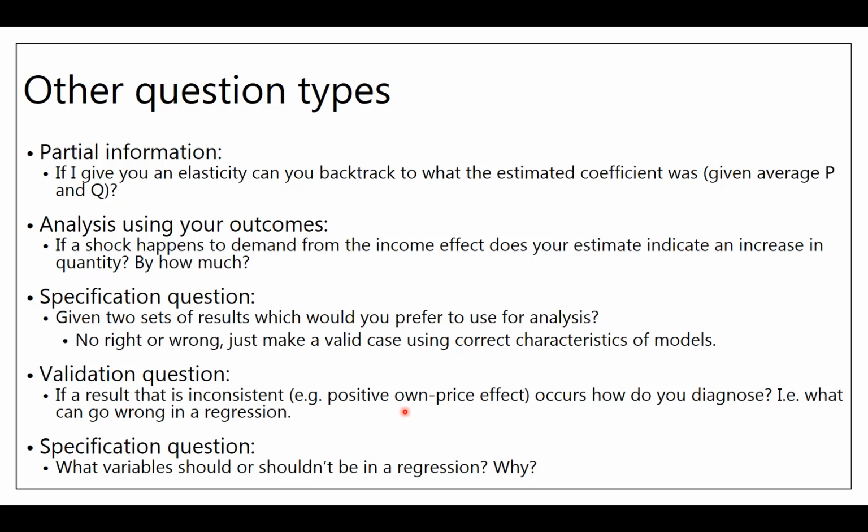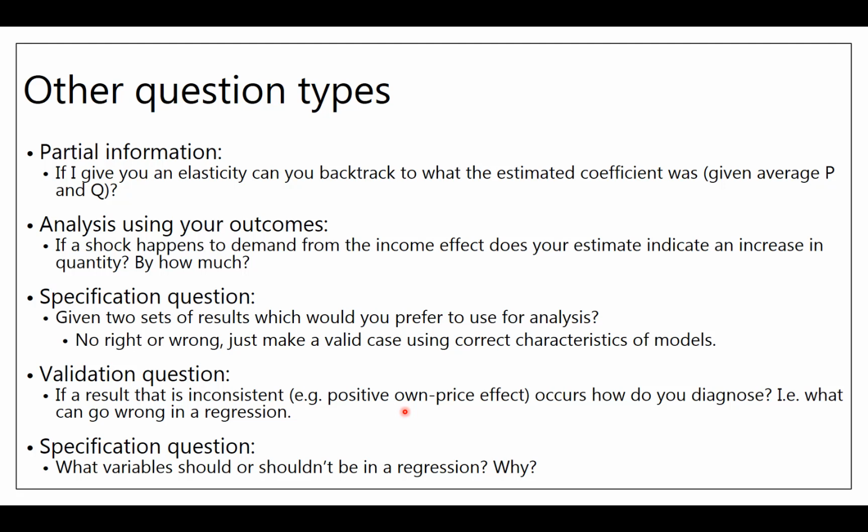Some kind of specification question. If I gave you two sets of results, both regressions on the demand for pork, could you say which one you would prefer for analysis? Could you do analysis using both types and say which one seemed more correct to you?